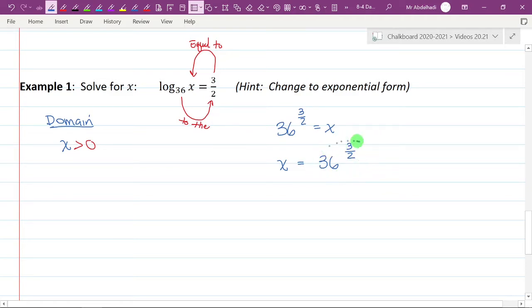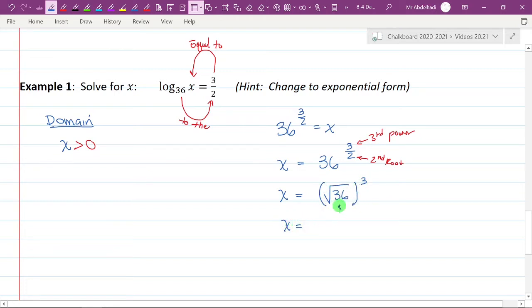Well, hopefully you remember this from a previous lesson. It's called root power flip. You have a root down here, you have a power up here, and there is no flip because it's not a negative power. All right, so once again, we're not using calculators here, so this is a second root. Just to review how this works, this is a second root and a third power. We're going to take the second root of 36, which is the square root of 36, and then take that result to the third power.